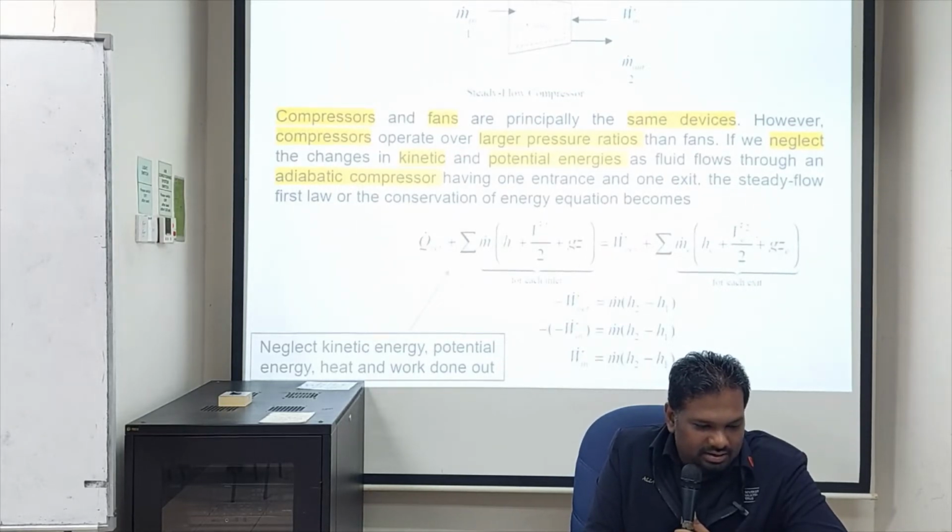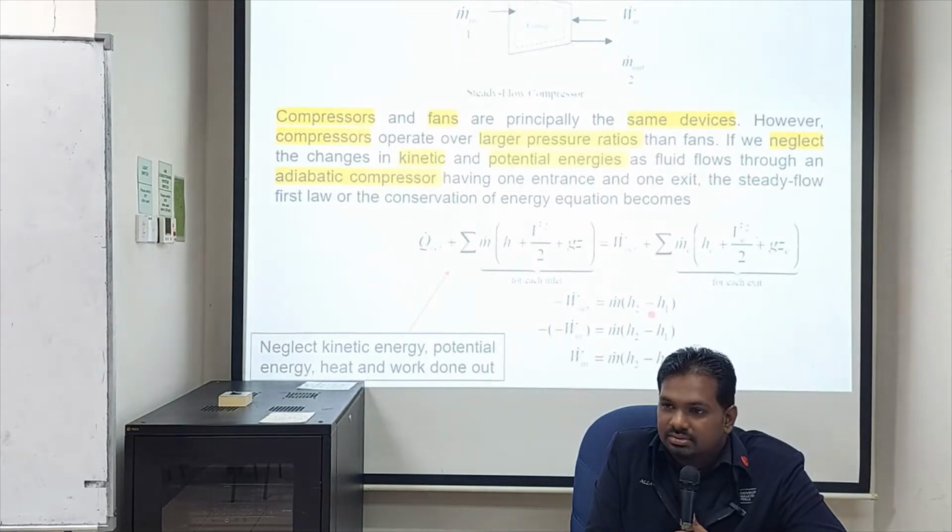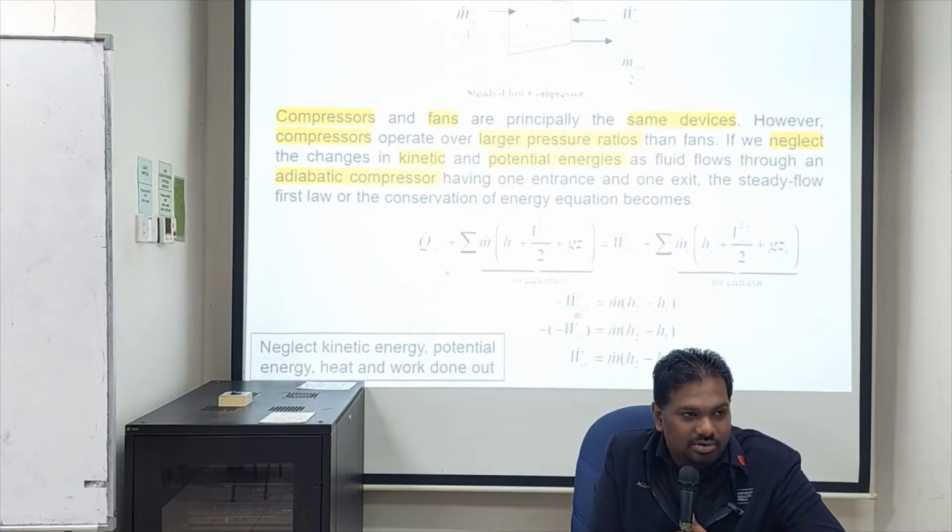So at the end, this is the resultant formula. Selepas you jadikan kebanyakannya kosong, minus W net equals to M H2 minus H1.